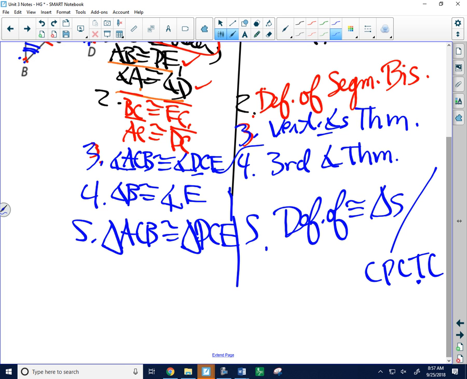That's what CPC is. It means corresponding parts, the sides and angles of congruent triangles, are congruent. So again, big difference here, you're not changing any of these two equations. You're just going to say, hey, I need to get three congruent sides, three congruent angles. That's the goal. Okay, anything else I can answer on this one?